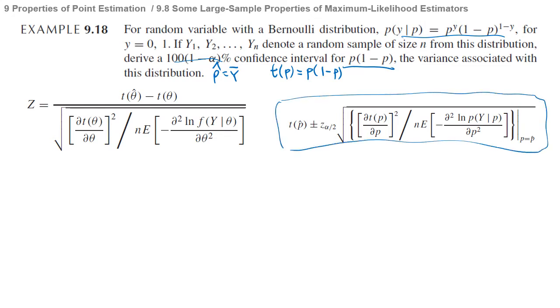So the problem is just calculating all the components. We know that t(p) is p times (1 minus p), so the first derivative of that, dt(p)/dp, is 1 minus 2p, and we need this one squared, so this is the first component.